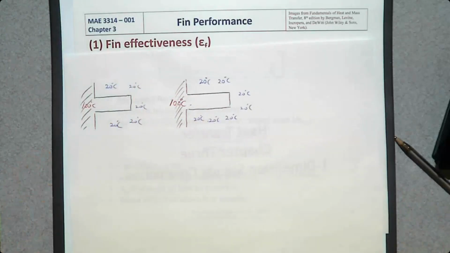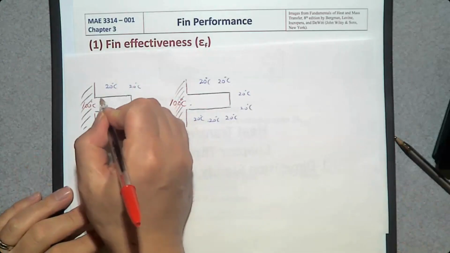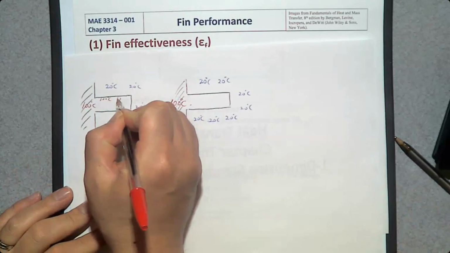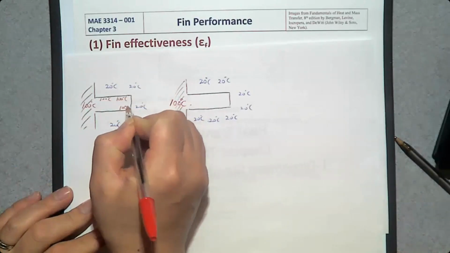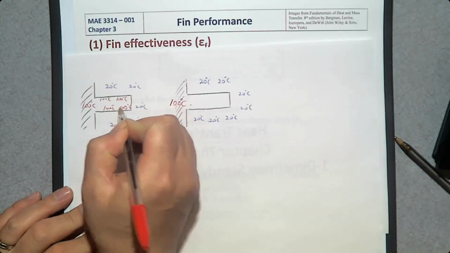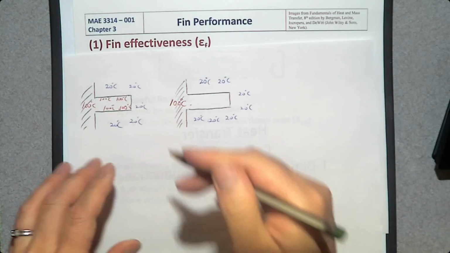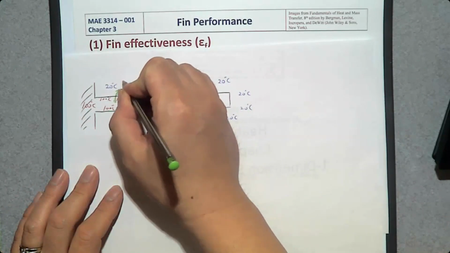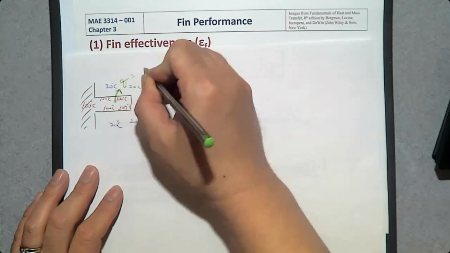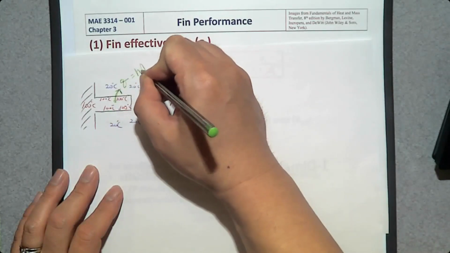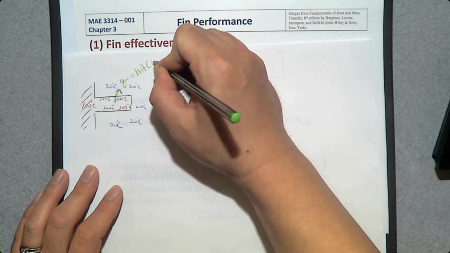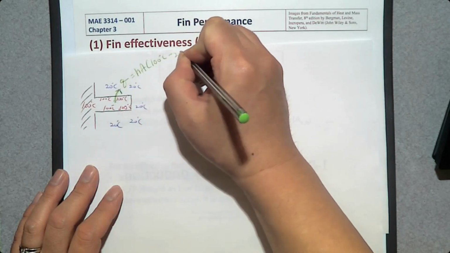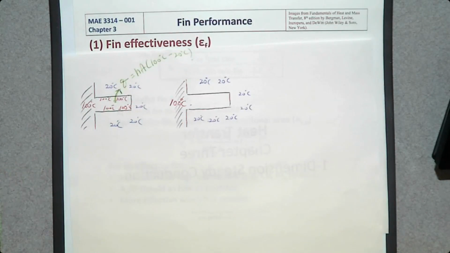So every surface of the fin is going to be at 100 degrees Celsius, so that we can have a heat transfer from the fin to the surroundings, Q, by this equation, hA times 100 degrees Celsius minus 20 degrees Celsius. This is the ideal case.